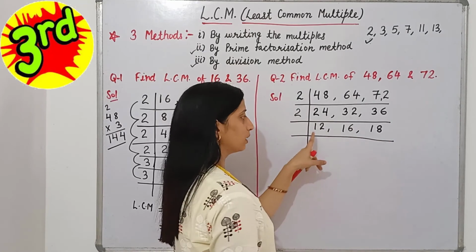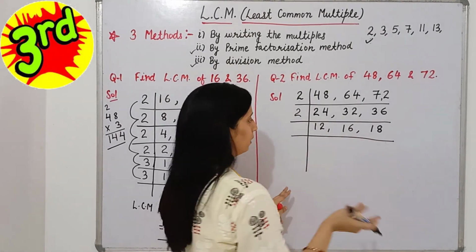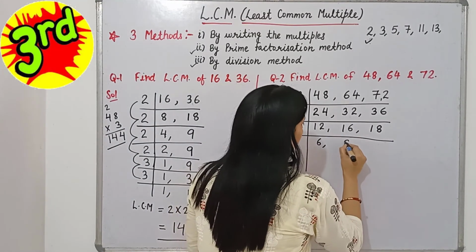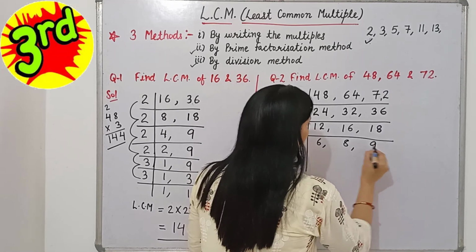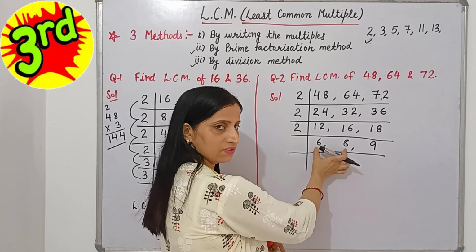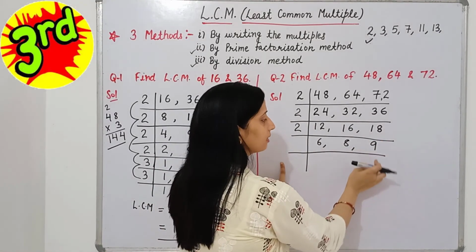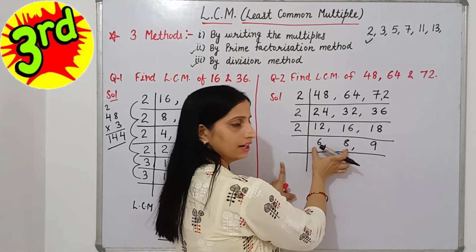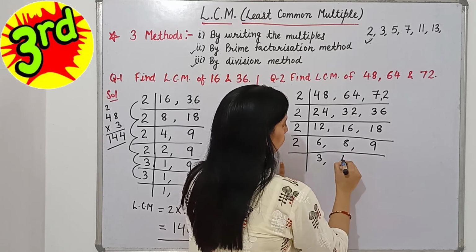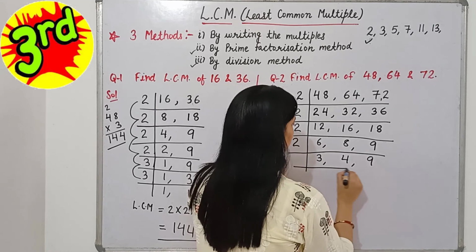Again we will divide them by 2, because 12, 16 and 18, all three numbers are divisible by 2. So 2 6s are 12, 2 8s are 16 and 2 9s are 18. Now you will see that only these two numbers are divisible by 2 and this number is not divisible by 2. So we will write this number as it is and we will divide these two by 2. 2 3s are 6, 2 4s are 8 and 9 we will write as it is.